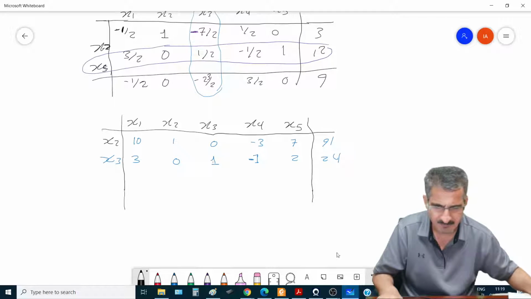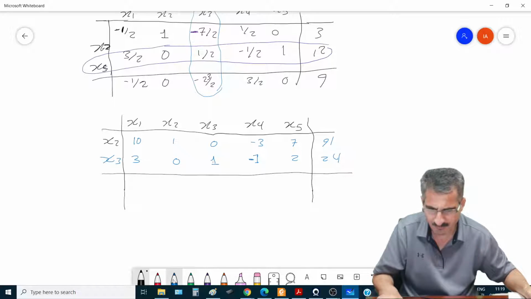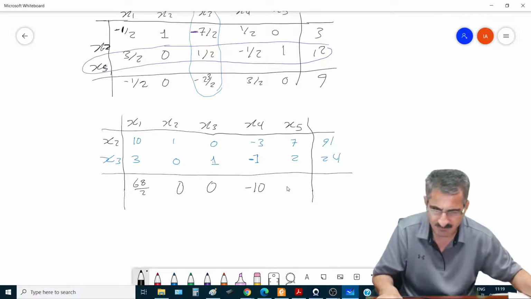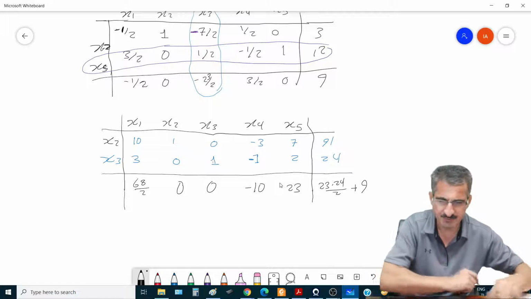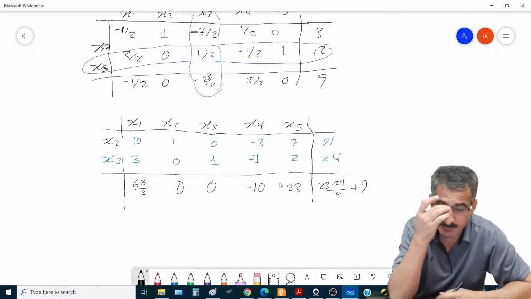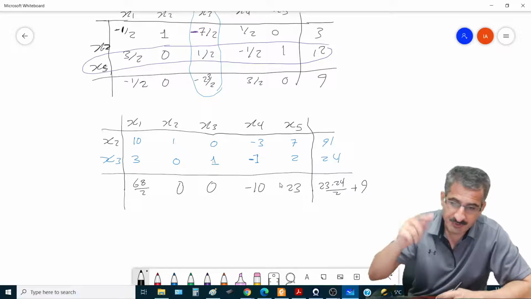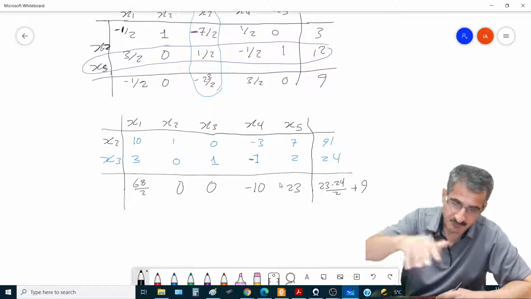Now we go to the objective row and make them 0, and then we get I believe 68/2, 0, 0, -10, 23, and here somewhere 23 times 24/2 plus 9. I did not compute it, because what we will do, we have 24, right? And then we want to multiply it by 23/2 and add it to 9.